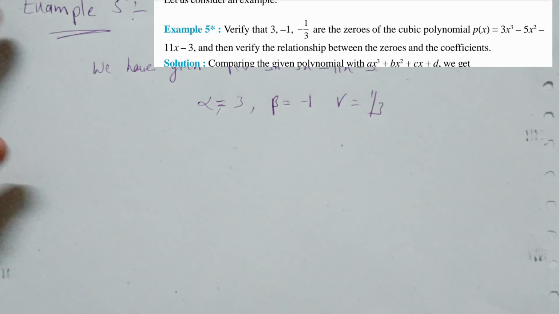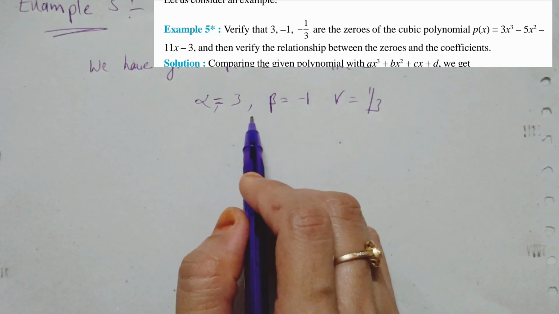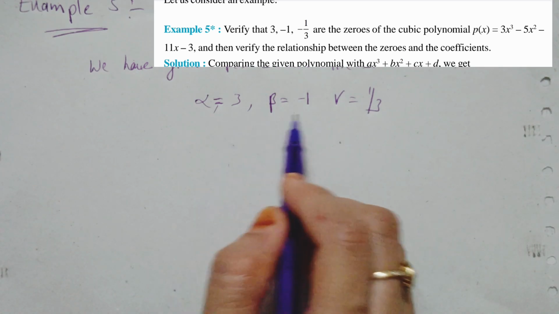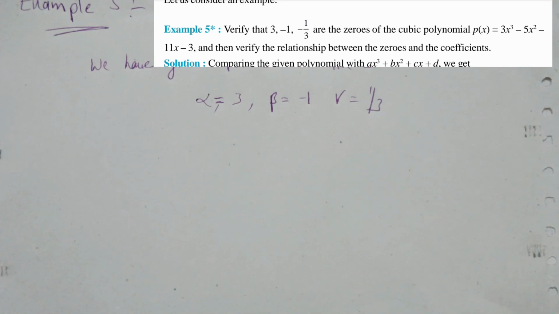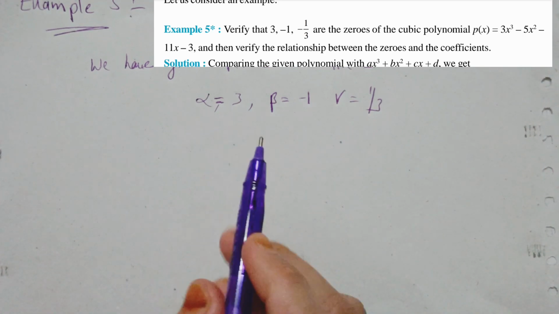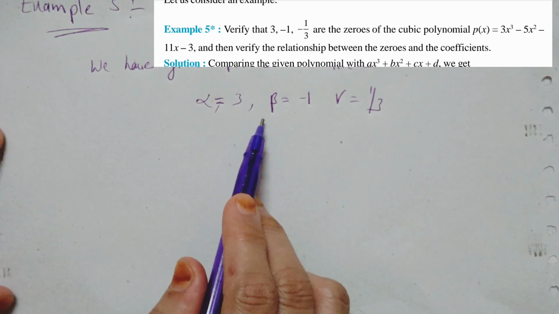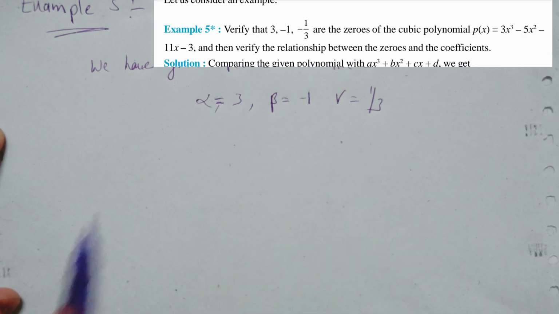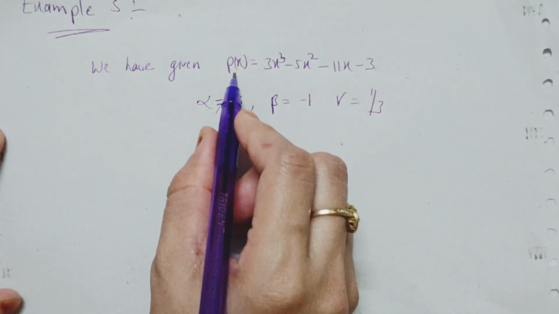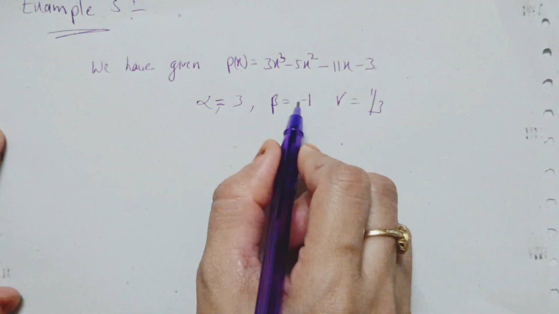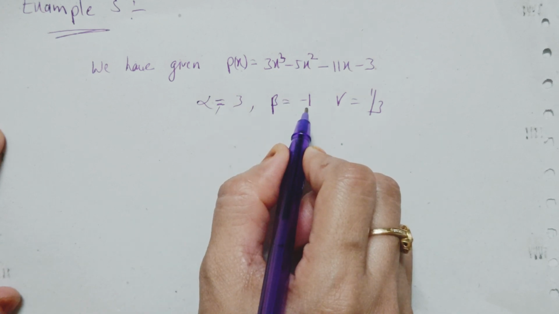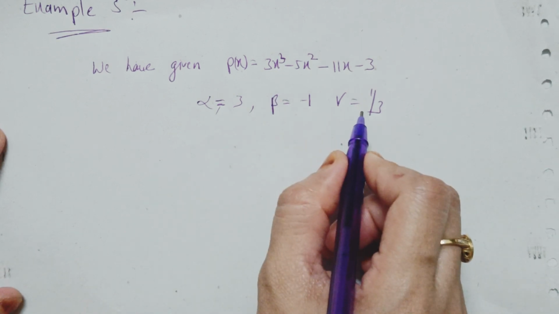Now we have to verify that these are the zeros of this particular polynomial. For that, we are going to substitute each zero into the polynomial. In the place of x I am substituting first 3, then minus 1, then minus 1 by 3.